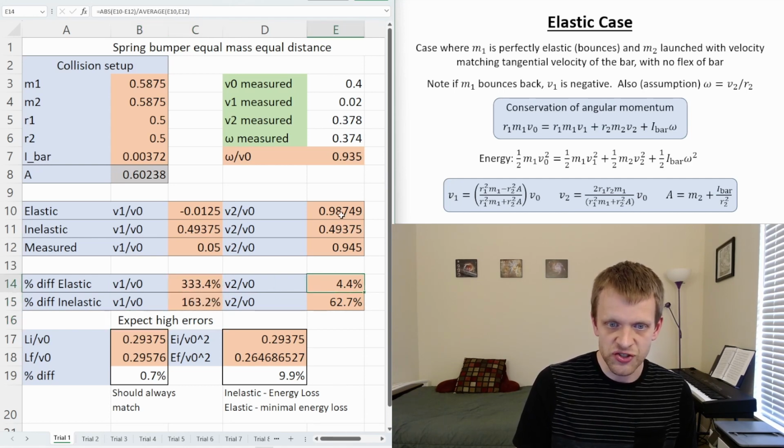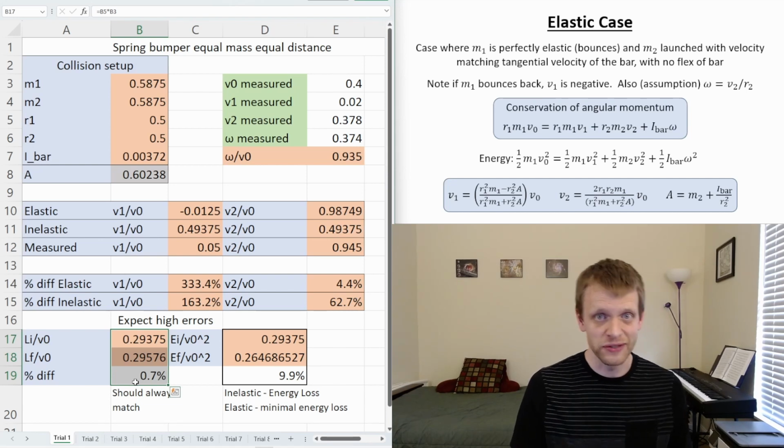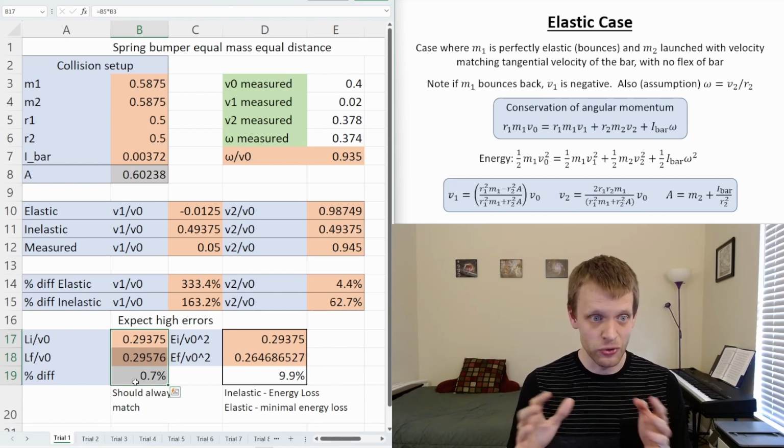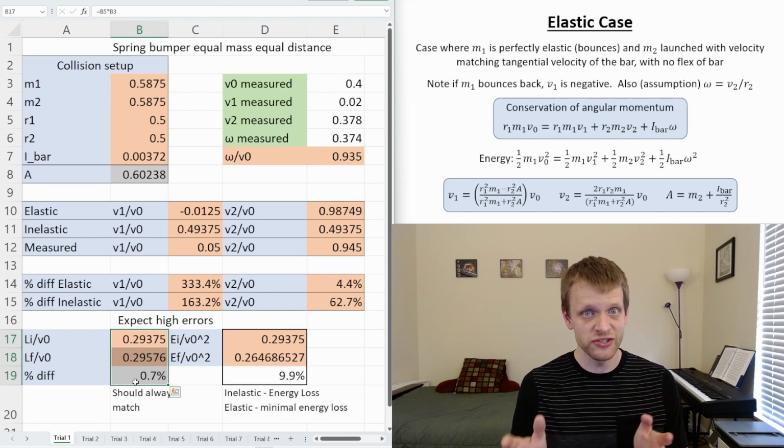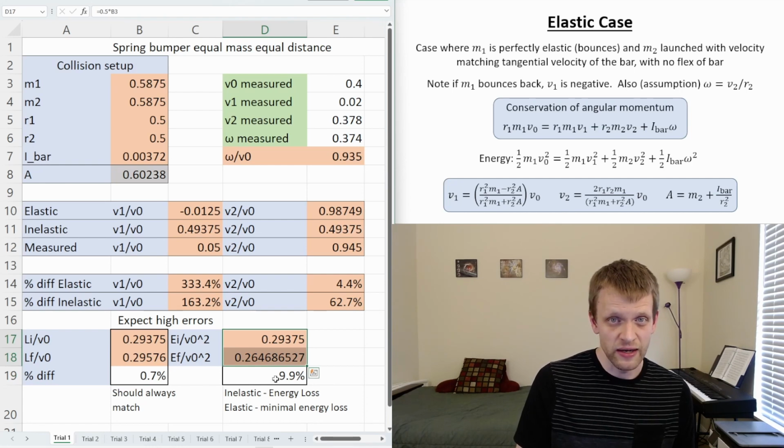But in this case, well, we were expecting a comparative velocity of 0.987. We got 0.945. We were only 4% off. More importantly, this angular velocity was only off by 0.7%. That's actually more accurate than I'm expecting to get in most of these cases, but it sure is a good start. Okay. And in terms of the kinetic energy, well, we lost a little bit of kinetic energy.